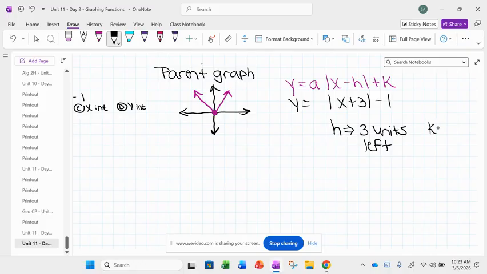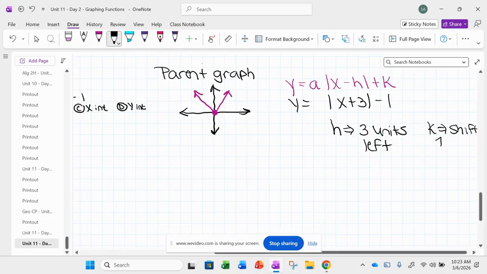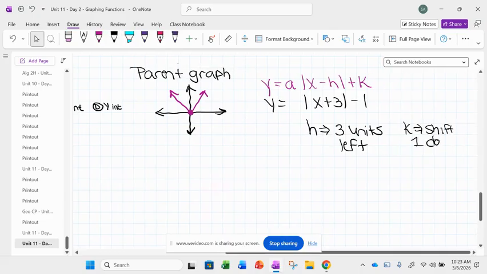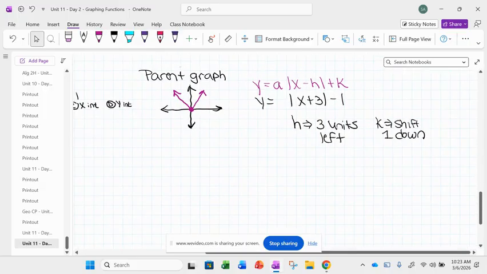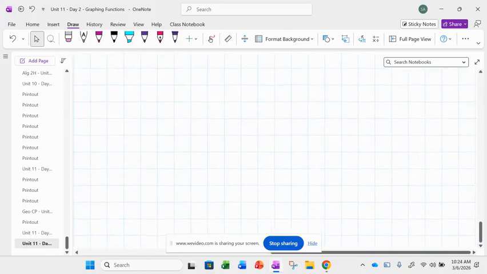And what about the k? I'm going to shift 1 unit down. Anybody confused with why I'm going left and down? So what point am I moving 3 left and 1 down? Violet. The vertex. Excellent. So now we're going to go and sketch this.